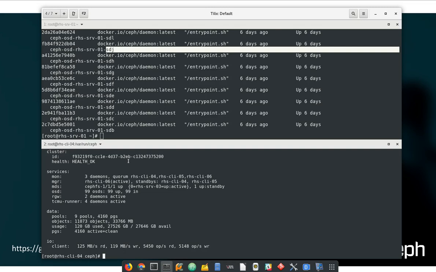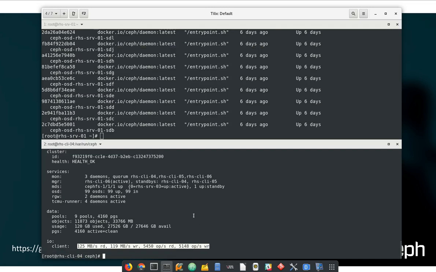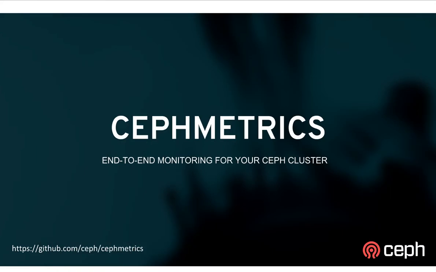We have RGWs in the picture, as well as TCMU runner, aka iSCSI, active. And we can see at the bottom there we have IO coming against it. So this is just a demo cluster. So what I'm doing is generating noise, just so that we've got some charts to look at, which don't just look like flat lines. So that's the environment we're going to be monitoring.